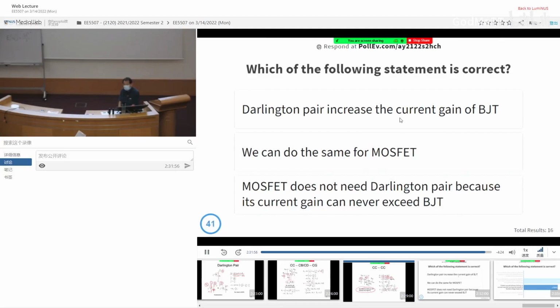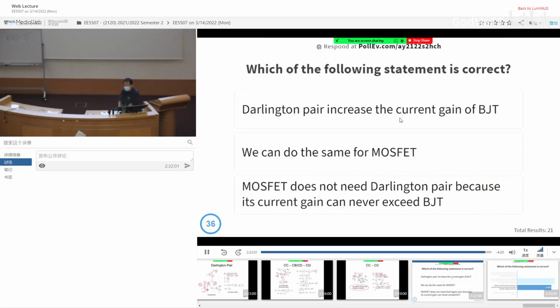We just covered Darlington pair, so this should be quite straightforward. Everything fresh in your memory. Two more students? Probably one more.